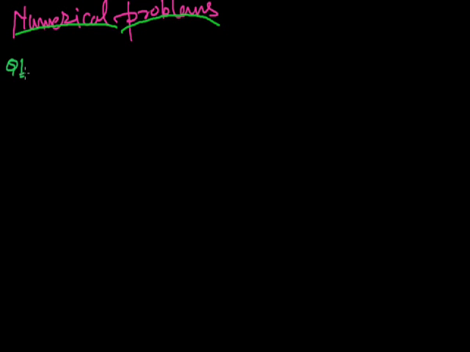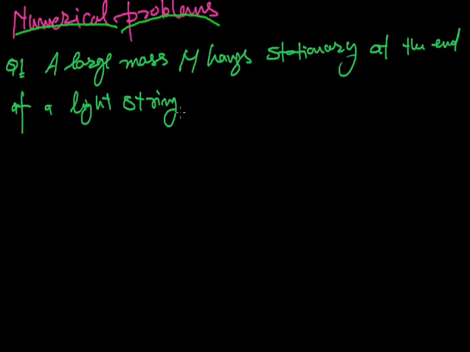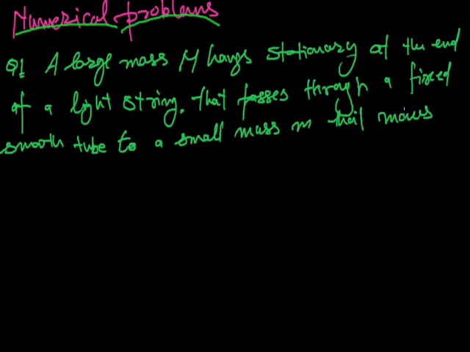The first numerical: a large mass M hangs stationary at the end of a light string that passes through a smooth thick tube to a small mass m that moves around in a horizontal circular path.